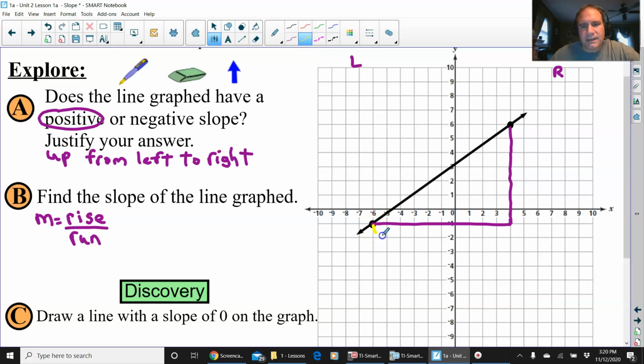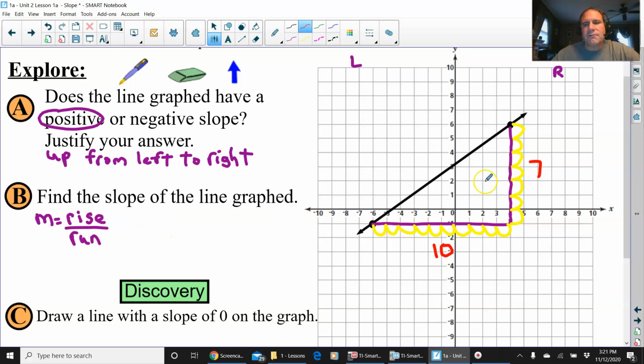So from this point, I'm going to count 1, 2, 3, 4, 5, 6, 7, 8, 9, and 10. So I'm going to put a 10 on the outside here. Then I am going to count up. 1, 2, 3, 4, 5, 6, 7. Notice that I'm counting the lines itself, not the middle of the boxes.